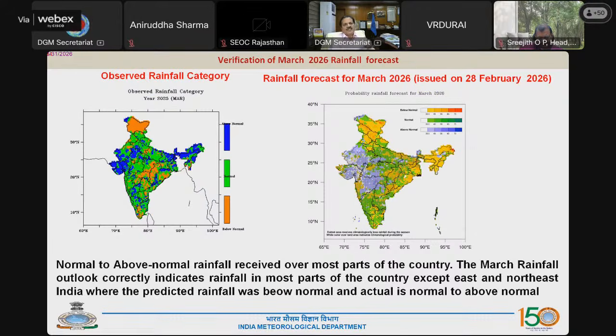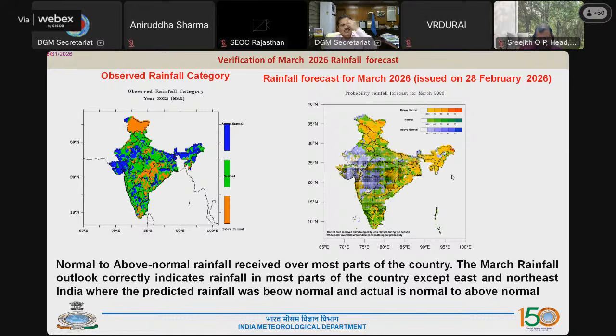Now, let us look at the forecast we issued for the month of March and what has happened. On the right-hand side was the forecast. The forecast was that it will be normal to above normal rainfall over the western parts of the country mainly, and peninsular India, and many parts of Northwest India.